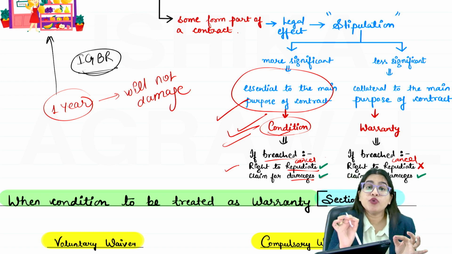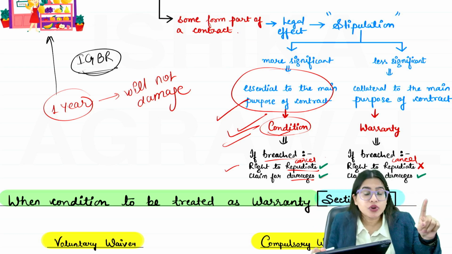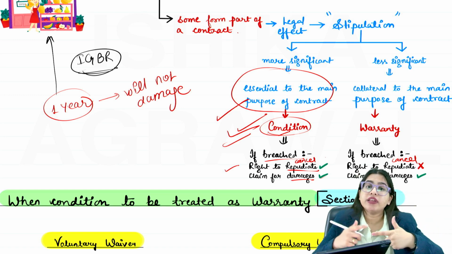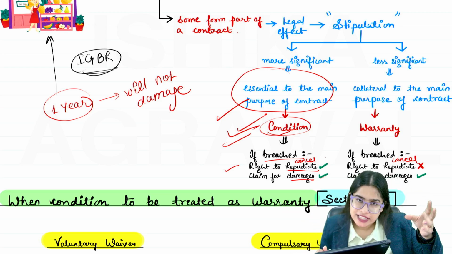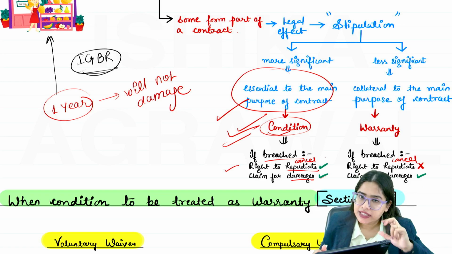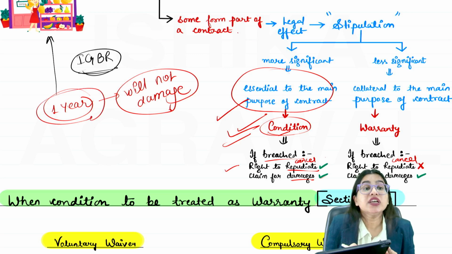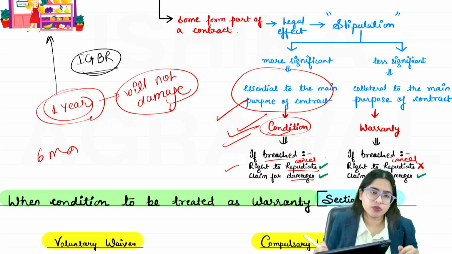If it stops working within 1 year, then we guarantee you that we will either repair it for you or replace it for you. This statement is given by the seller. This is warranty.